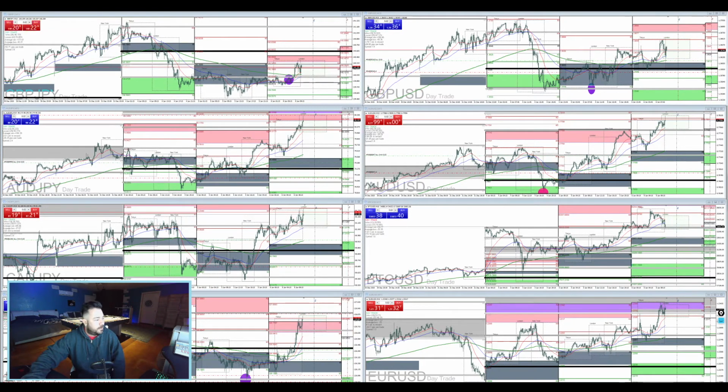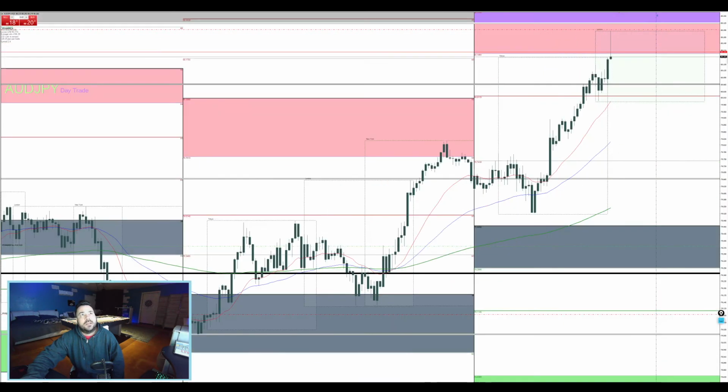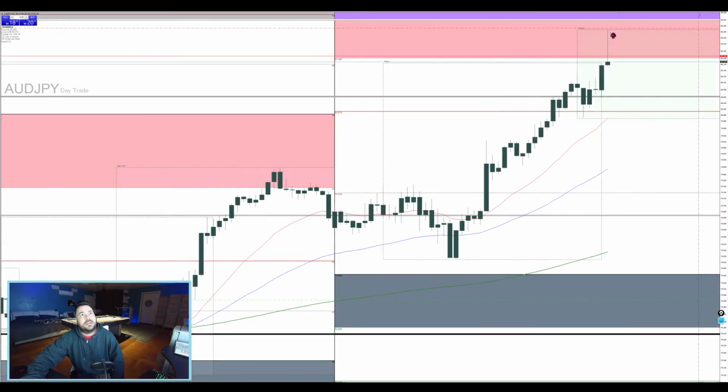Taking an update here. It's 2:24 a.m. and it looks like we came all the way up to the weekly target. It wouldn't have hit if I had been in. I actually have my take profit for my pending order right there, and that long wick right there, so we would not have been taken in for profit.